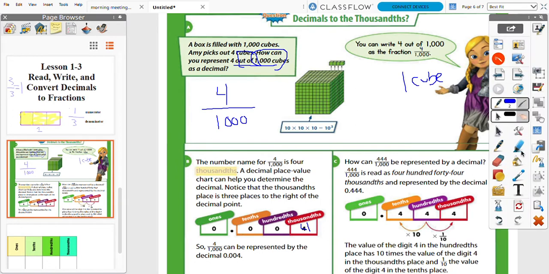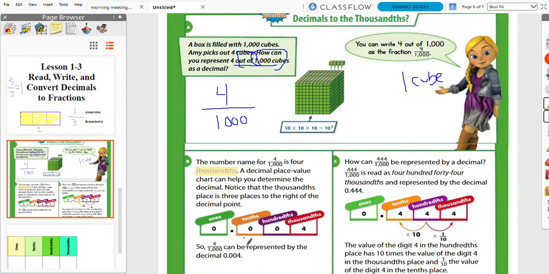Why? Let's ask ourselves why. Well, the decimal system is a little bit different than what you're used to with the whole numbers. The reason why is that these names, tenths, hundredths, and thousandths, go up from left to right instead of right to left. Remember, it goes ones, tens, hundreds, thousands, 10,000, so forth.